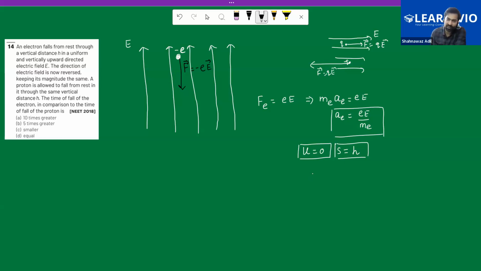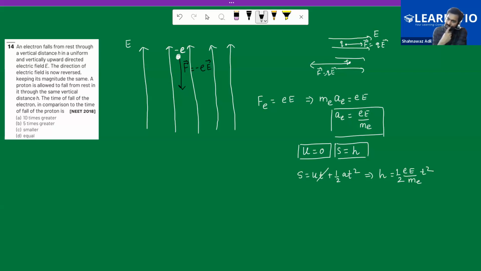So I can find the relation between this h and the acceleration. How can I write this? S is ut plus half at square. u is 0, so this part cancels out. S is h, and then half acceleration is eE by m, and then t square.